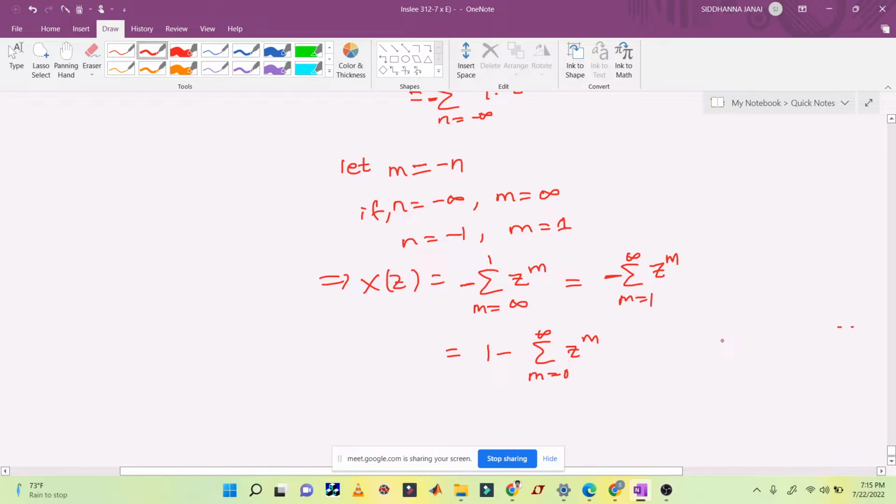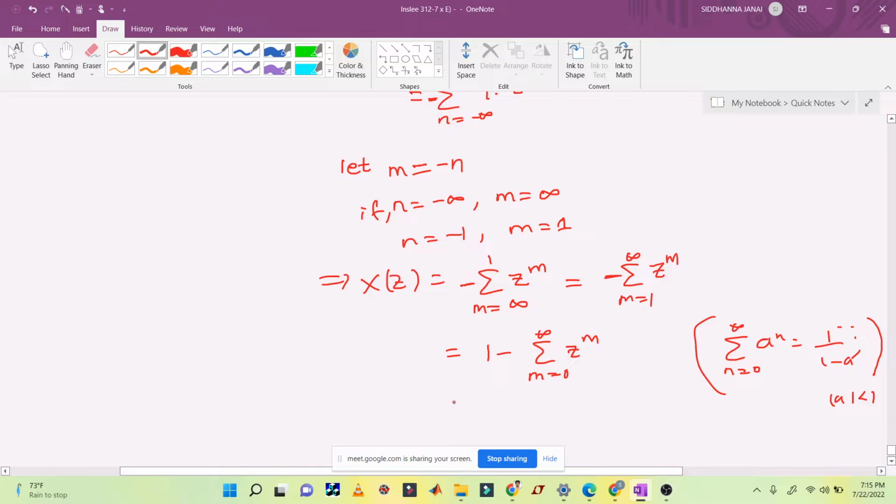So already we know the standard equation for this. Summation n is equal to 0 to infinity, a power n is equal to 1 divided by 1 minus a, provided magnitude of a is less than 1. So this is the relation what we know.